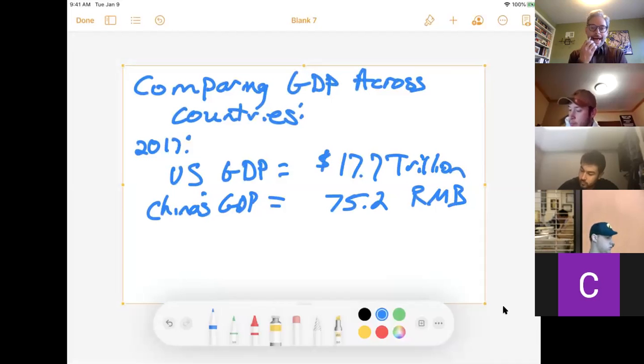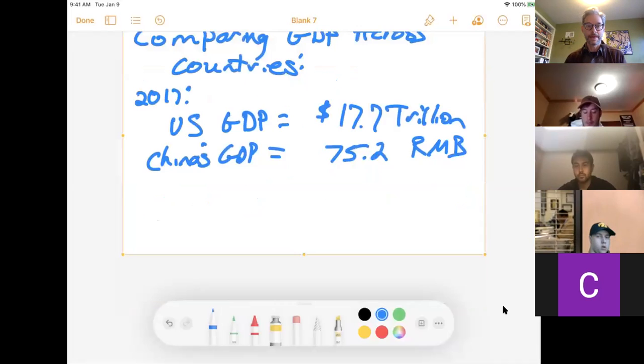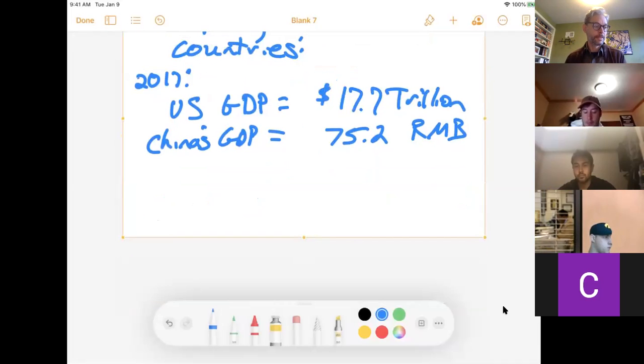So how are we actually going to be able to compare standards of living across these two countries? What do we have to do? Well, there's really three things that we have to do. Whenever you compare GDP across countries, you have to think about three adjustments that need to be made if we're going to make any sort of accurate comparison.